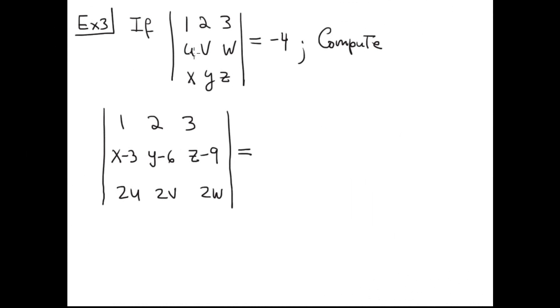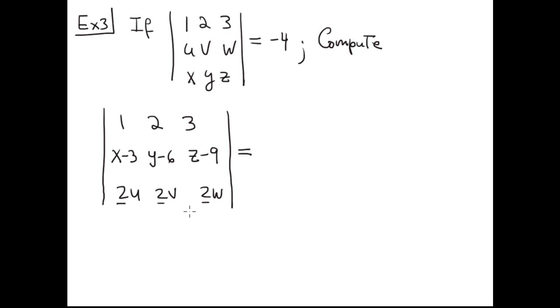Okay, let me show example 3. Again, this determinant is given, it's the same. Compute this determinant. This looks more complicated, but no, it's not complicated. Look, let me show you. You can see here, okay, 2 is a common factor. Apply property number 4 the same: when you multiply one row or one column by one factor, you multiply the entire value of the determinant by the same factor.